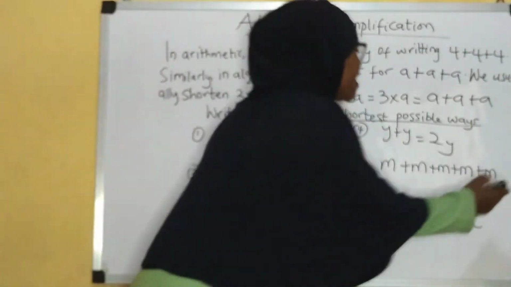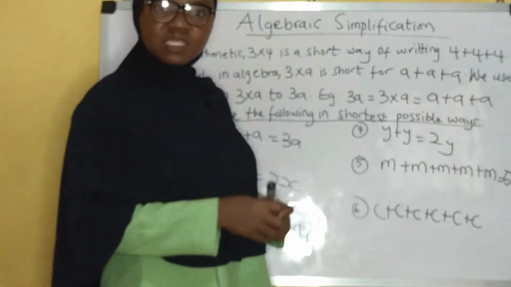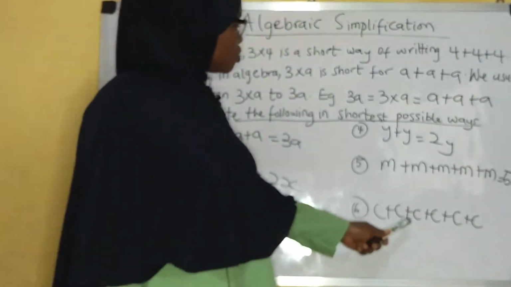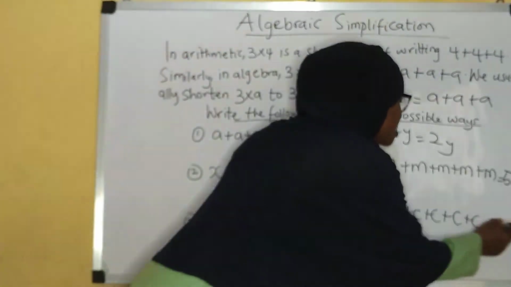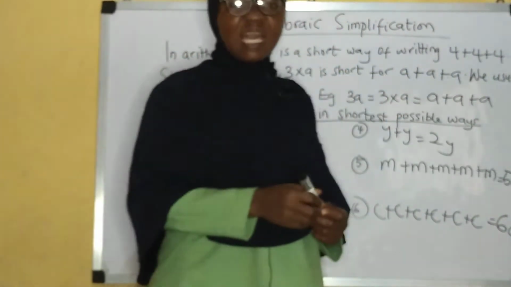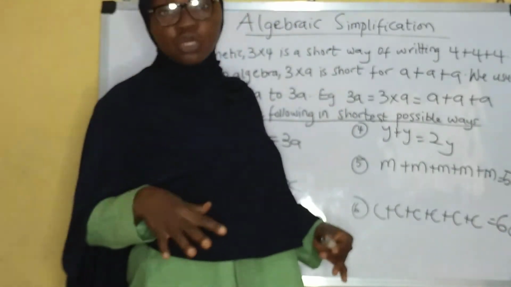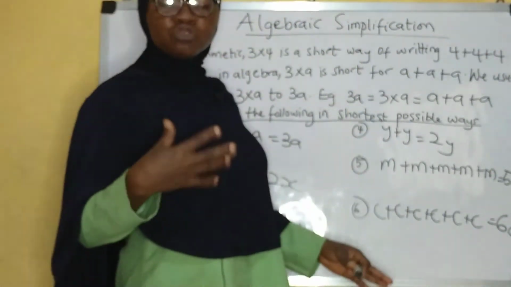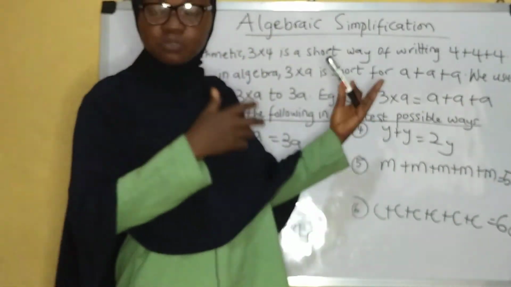And that is 5m. The same way, how many c's do I have there? I have 1, 2, 3, 4, 5, 6. When I add them together, I have 6c. So this is actually just the preamble or the foundation understanding that I need you to have before we can proceed to other subtopics under this.